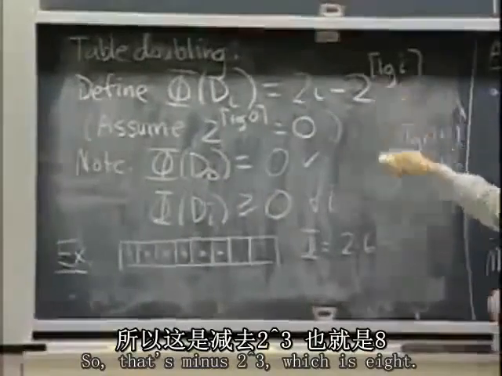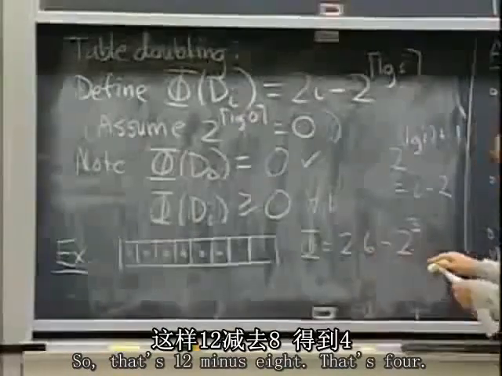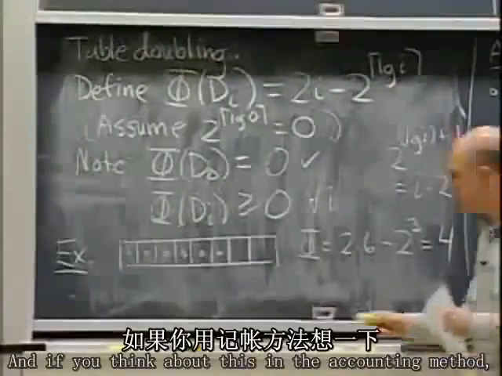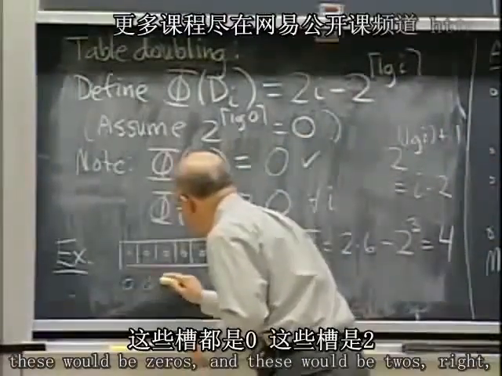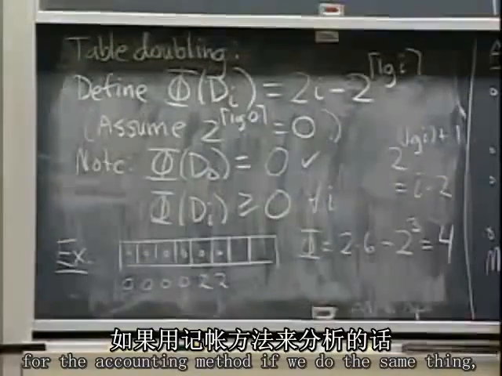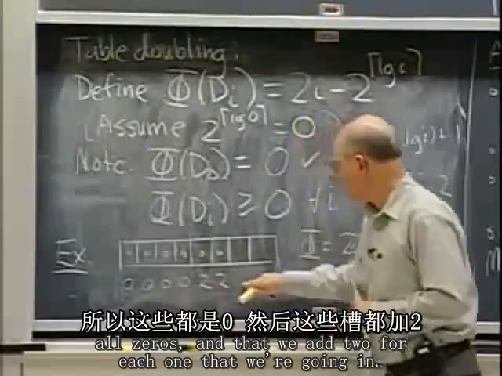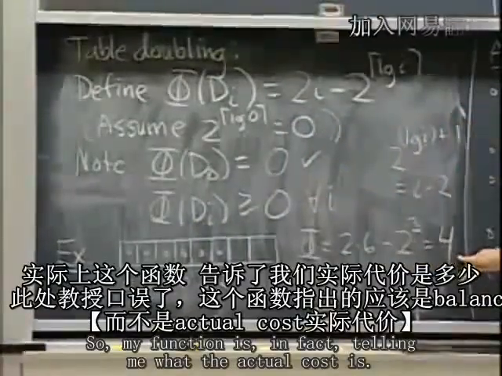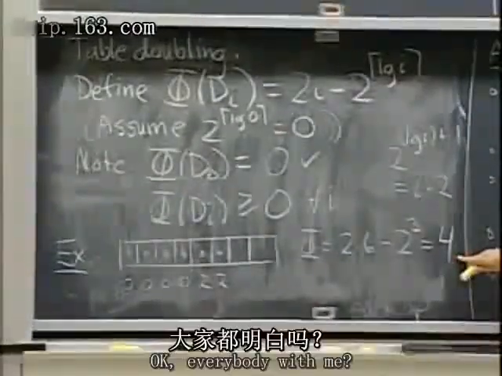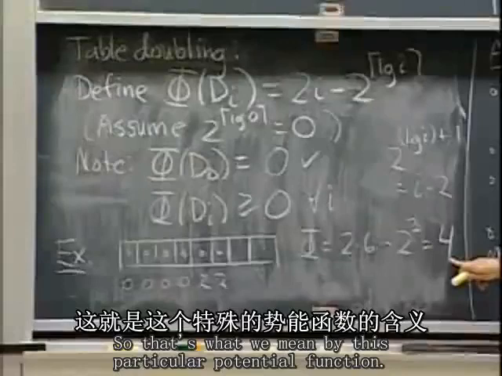So that's minus 2 to the cubed, which is 8. So that's 12 minus 8, that's 4. Okay? And if you think about this in the accounting method, these would be zeros and these would be 2's, right? Because this is halfway through, all zeros, and then we add 2 for each one that we're going in. So my function is, in fact, telling me what the actual cost is. Okay? Everybody with me? Okay, so that's what we mean by this particular potential function.